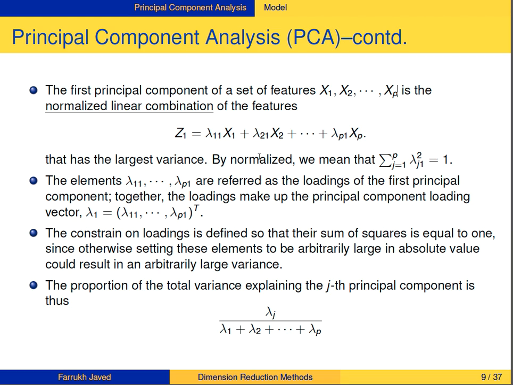By normalized, we mean that if you square all those parameters, lambda 11, lambda 21, up to lambda p1, and sum them together, this will be equal to 1. So this is standardized, or normalized. And the elements lambda 11 to lambda p1 are referred to as the loadings of the first principal component.